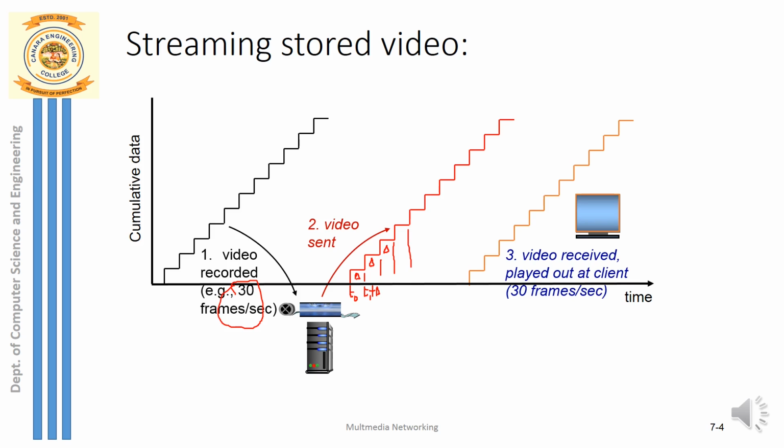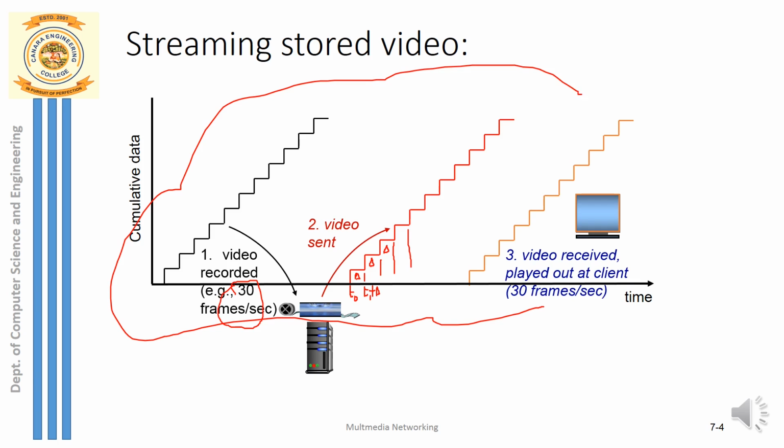You can see how it is being watched. At time t0 the client started his playout, and at time t1 the playout continues without any delay. The client is able to watch or play the video. This is an ideal playout, possible only if there is no delay and no network congestion at all.